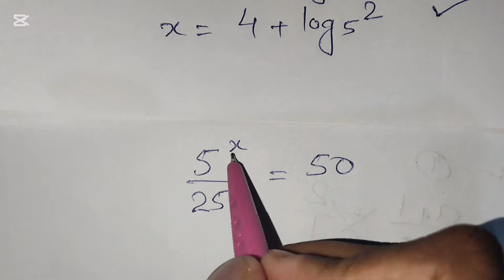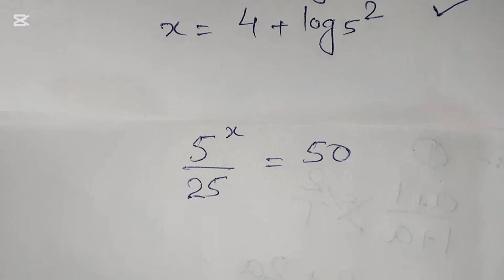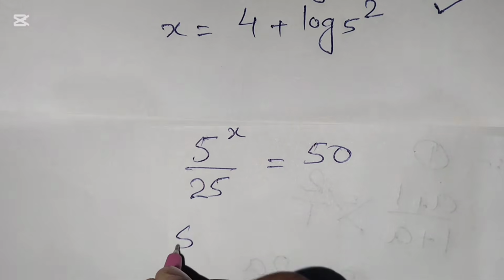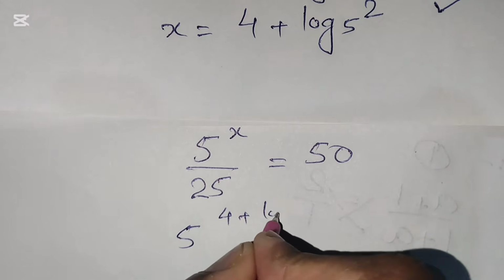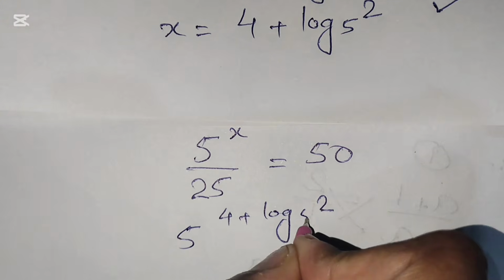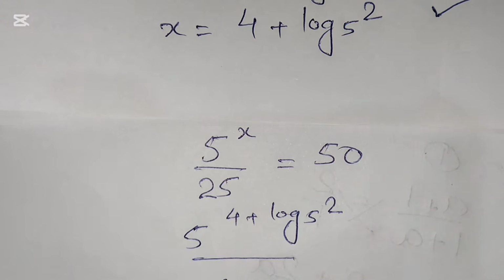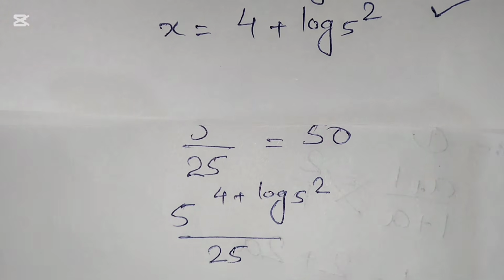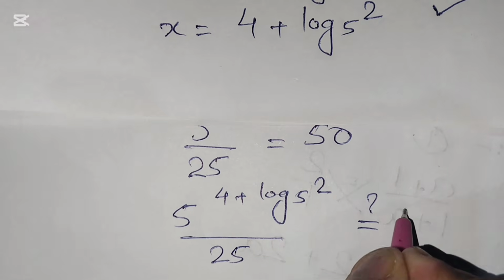Put the value of x here. It will be 5 power 4 plus log of 2 with the base 5 over 25, equals 50.